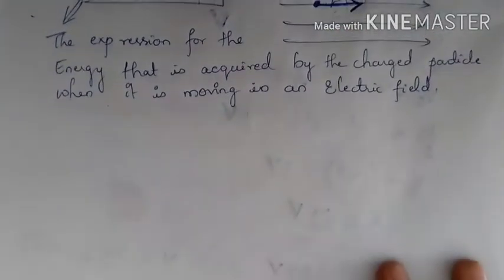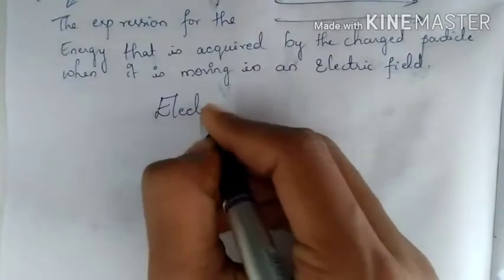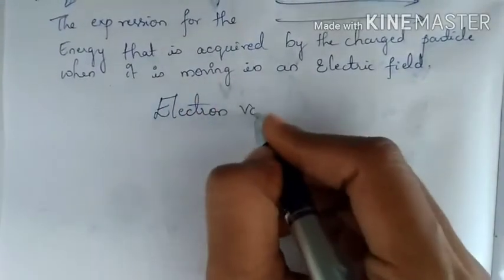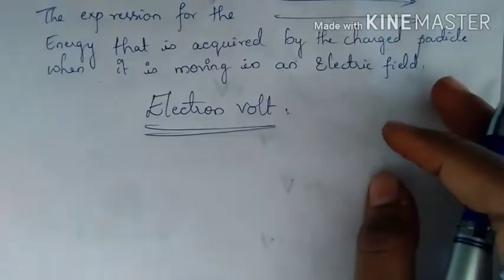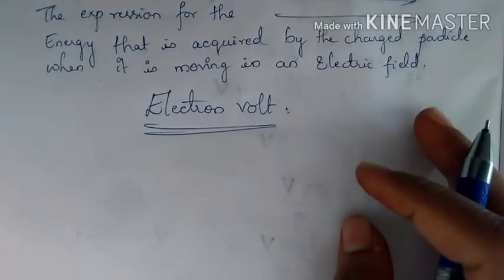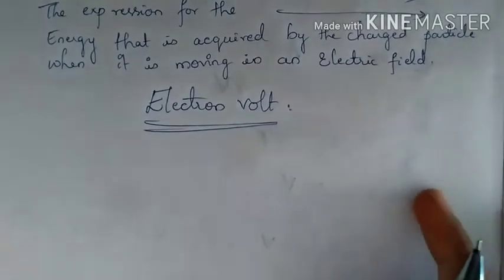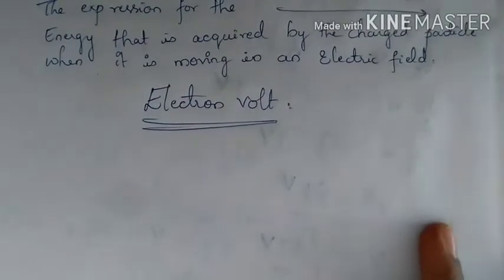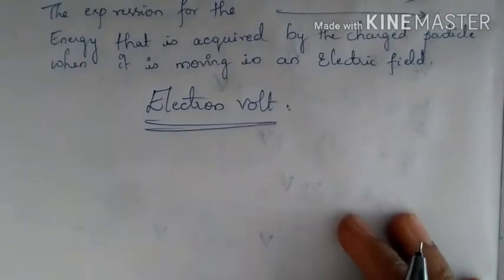So the next concept which you have is the electron volt. We write work done as eV. eV should be converted to joules because the SI unit of work done is joule. So let us see how we convert this eV into joules.